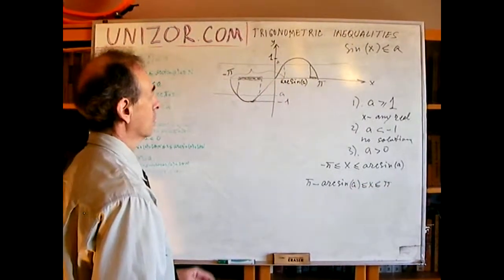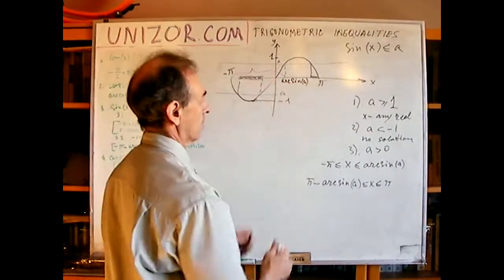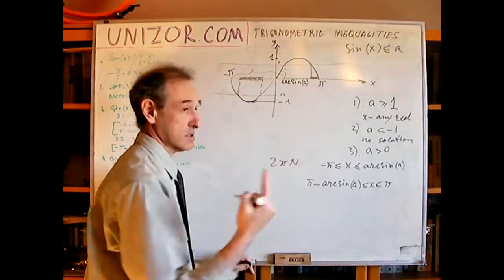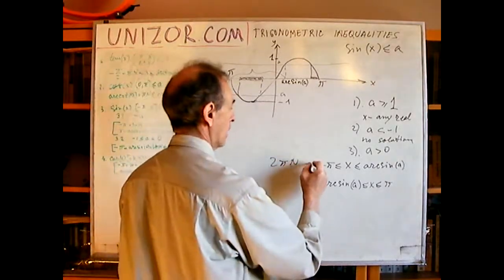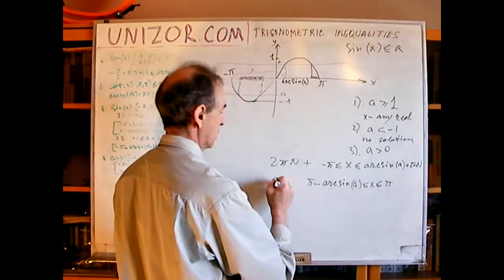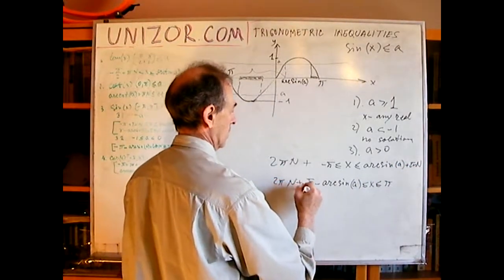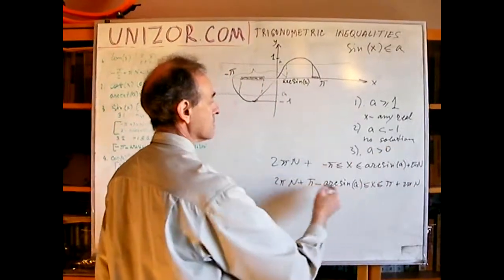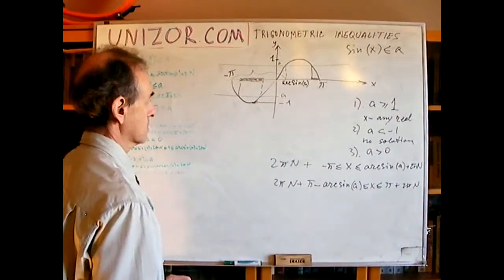These are the two intervals we're talking about. And obviously I have to add 2 pi n, because in the case of sine the period is 2 pi, right? I have to add it here, and here, and here, and here. So for a greater than 0, these are the solutions.